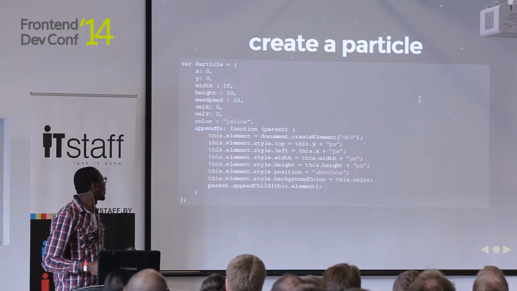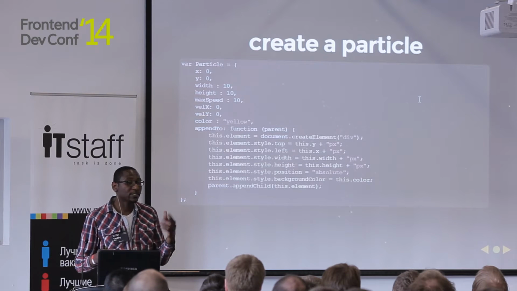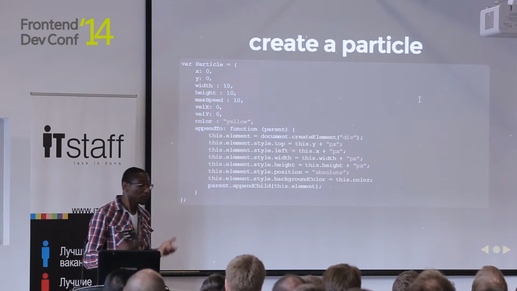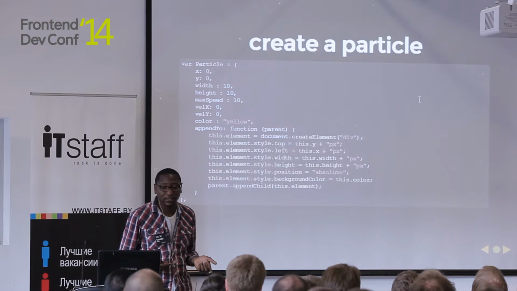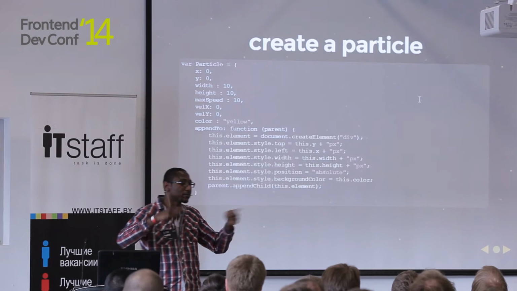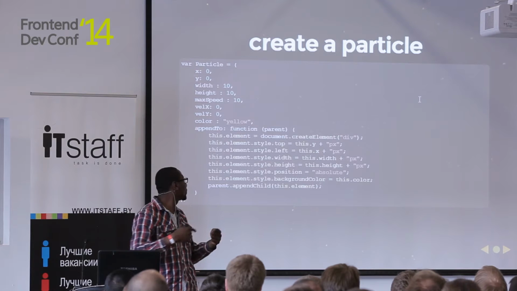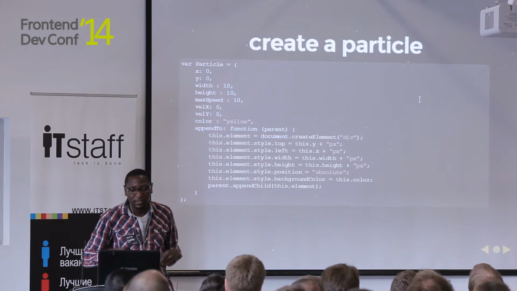Then a particle. I will create it as a class, but it's an object. And I will set the properties like X, Y, the width, the height, and the maximum speed, because you can have a lot of different speeds depending on the particles. It will render an animation like this, a particle going faster than the other.